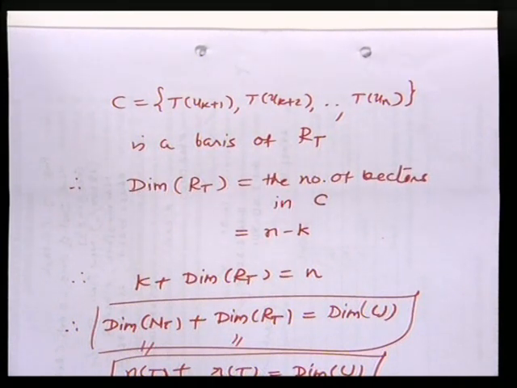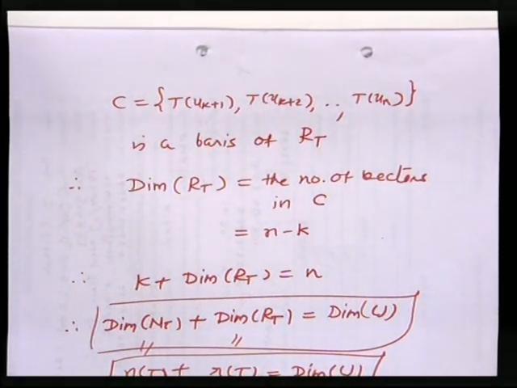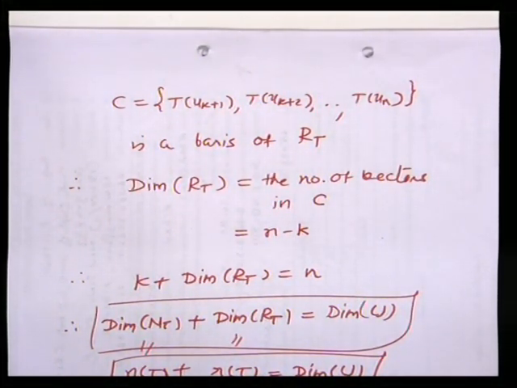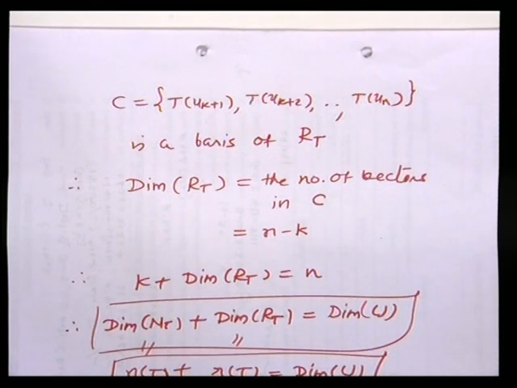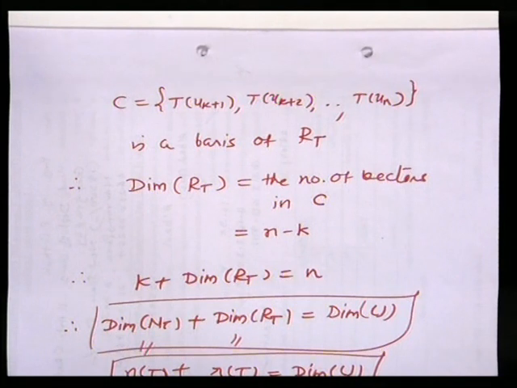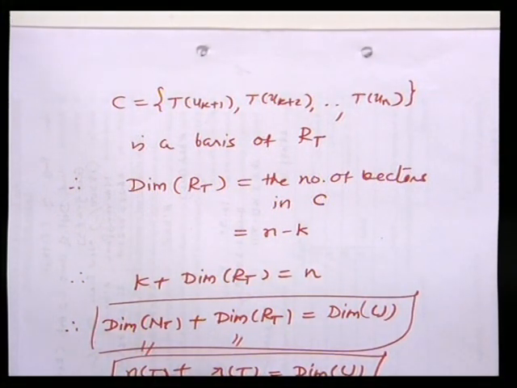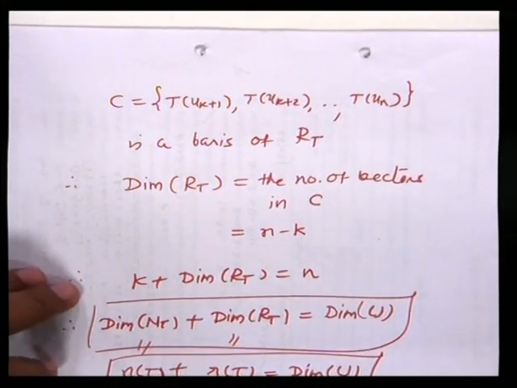It says that if U is any finite dimensional vector space, and T from U to V is any linear transformation, then dimension of NT plus dimension of RT is equal to dimension of U. Okay, we move to the next one.